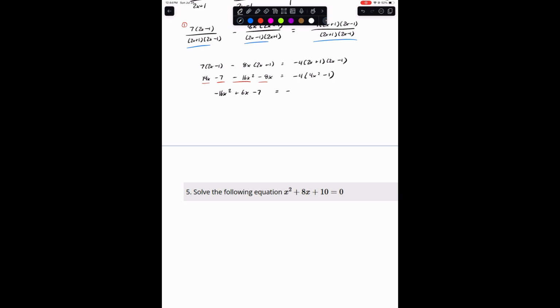And this is equal to negative 16x² plus 4. These cancel. And we have 6x - 7 = 4. 6x = 11. x = 11 over 6.